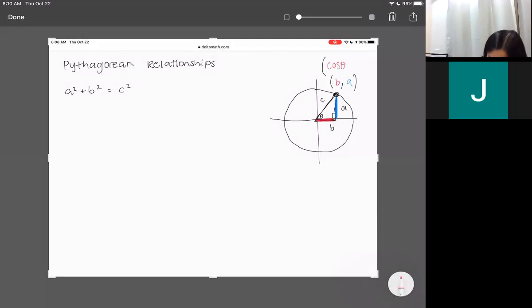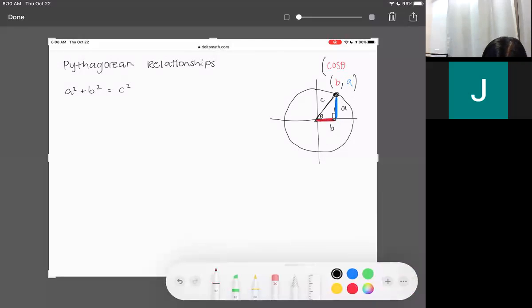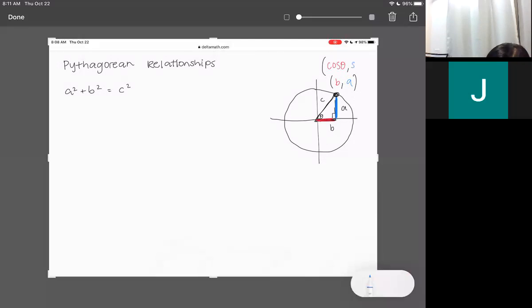So cosine of the angle is our x value, remember that? And then the y value is the sine.